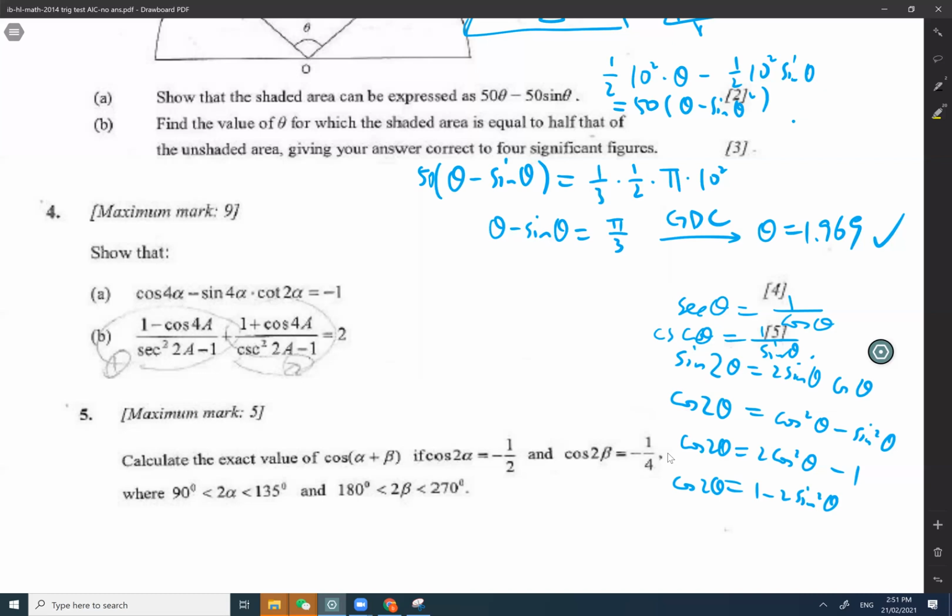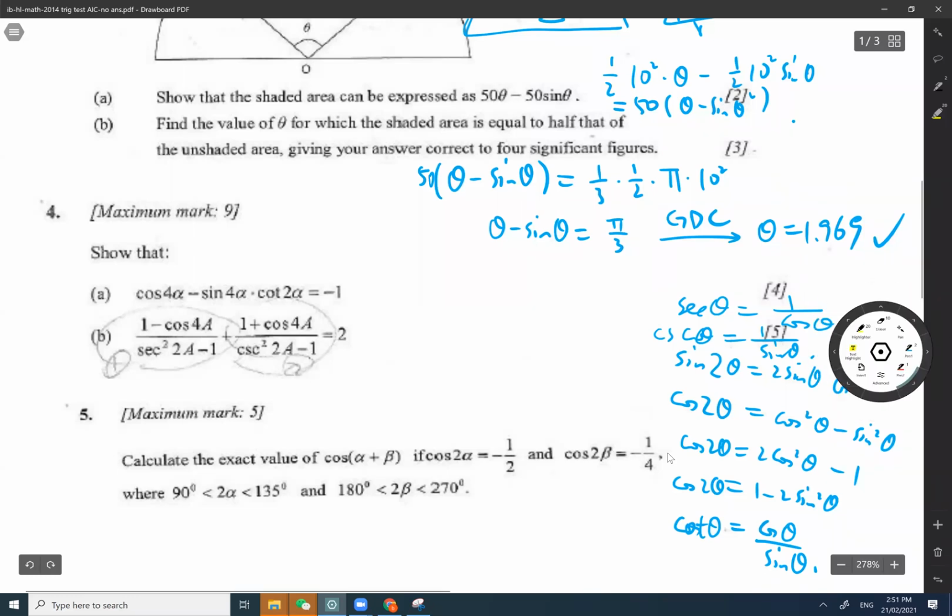Cot, C-O-T, is cos theta over sine theta. Okay? Now let's try to use formula.